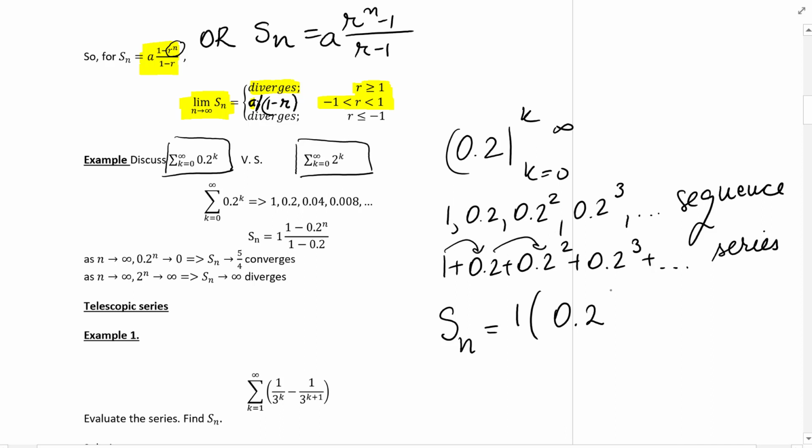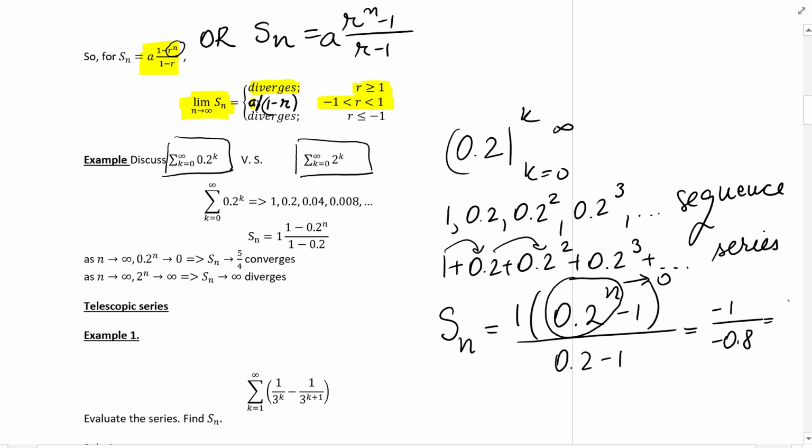So it's 0.2 to the n minus 1 over 0.2 minus 1. As n is approaching infinity, 0.2 to the n is approaching 0. So we end up with negative 1 over negative 0.8, which is 1 over 0.8, or 10 over 8, or 5 over 4, which we had here as well.